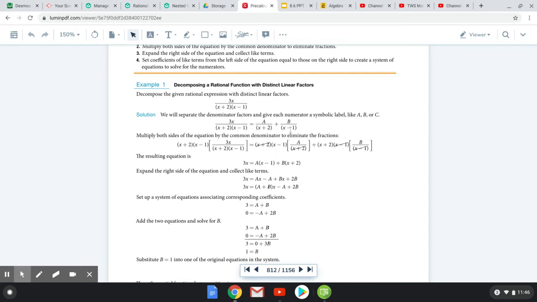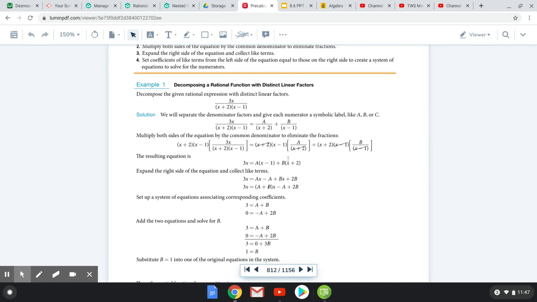That's always going to be our first step. So they've done that here. If I multiply this fraction by its denominator, they cancel completely, and we just end up with the numerator on this side. Since we're multiplying by the original denominator, that's always going to happen.